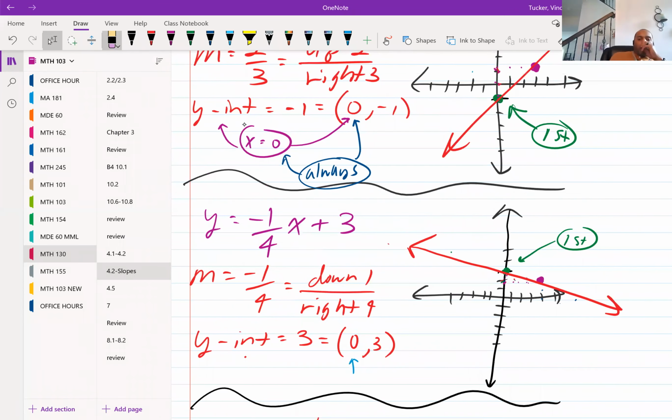All right. So if I had y equal to -1/4 x plus 3, what's attached to x, once again, is your slope. So it's -1/4. And then we have +3 for your y-intercept.